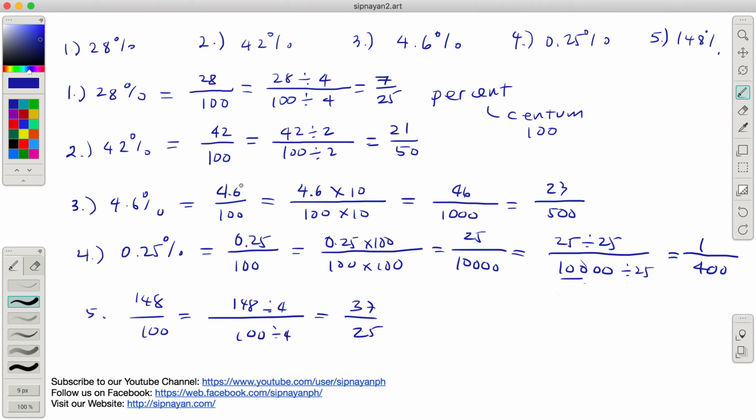Pangalawa, pag mayroong decimal point at may numbers to the right of decimal point, dapat tanggalin natin yung decimal point by multiplying both the numerator and the denominator by 10, hundreds, thousands, 10,000s, powers of 10, para matanggal yung decimals. Okay, so I think yan yung pinaka-general steps ng pag-convert ng percent to fractions.